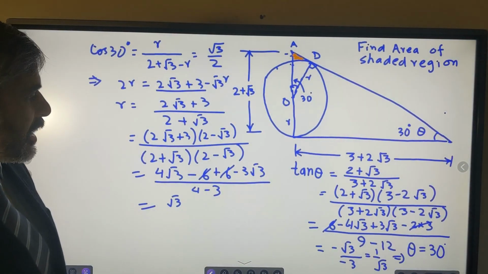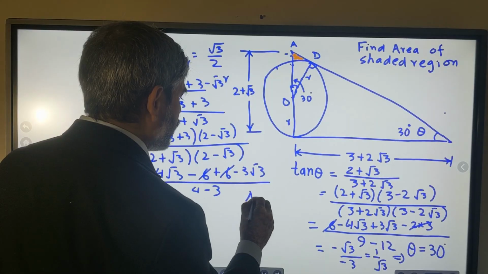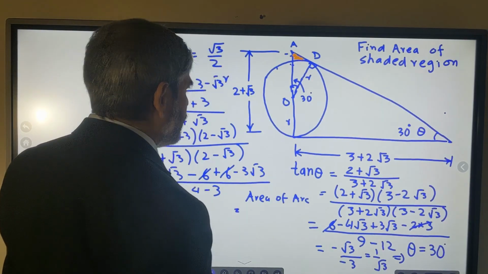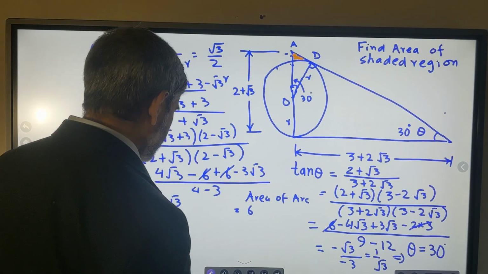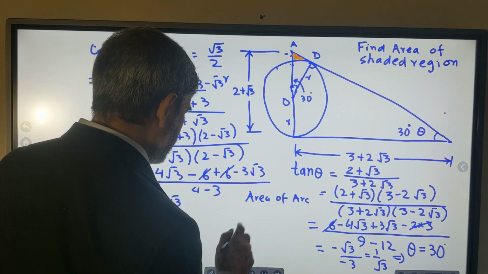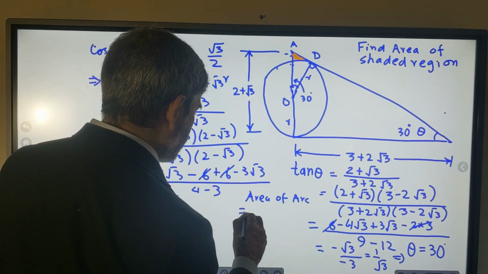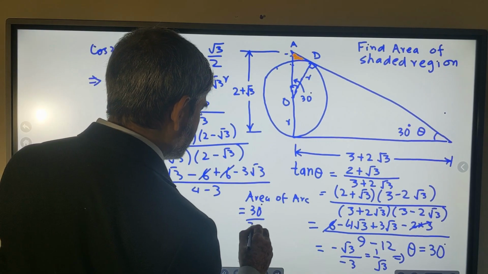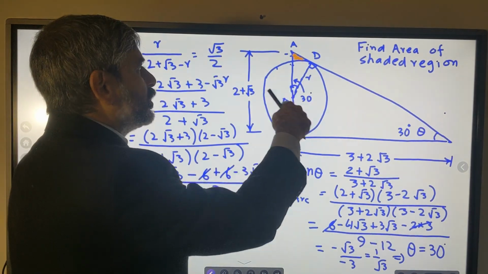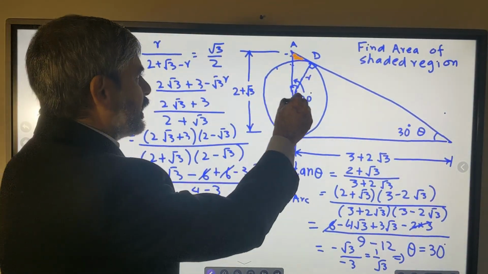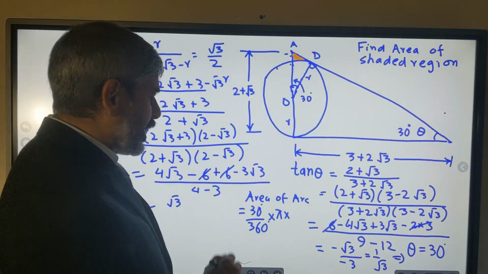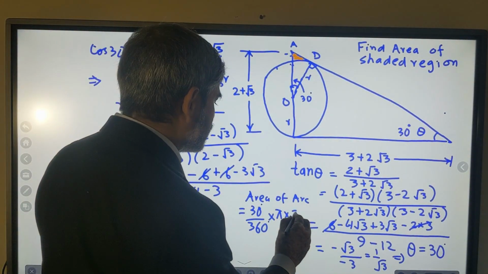The area of the arc is going to be 30 degrees divided by 360 degrees, because this section is only 30 degrees and the whole complete angle around this point is 360 degrees, and this is pi multiplied by r square, and r is the square root of 3, so r square is 3.